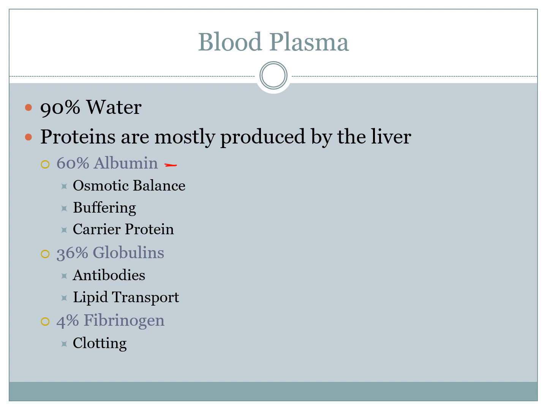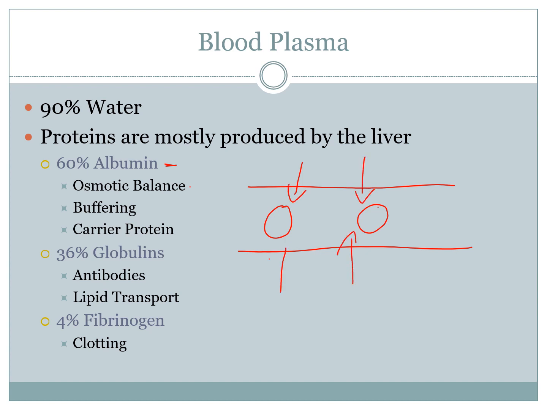We've spoken a little bit about albumin in the past, but its main role in the blood is that it becomes sort of like an osmotic buffer, an osmotic balance. Because albumin is such a large protein, it has a lot of osmotic draw. So it helps bind the water into the vascular system in order to maintain the volume within it.